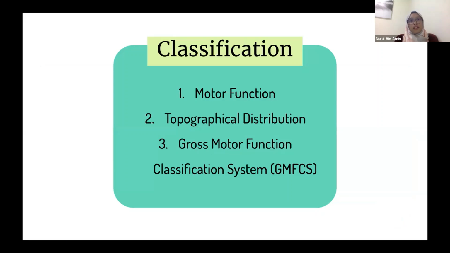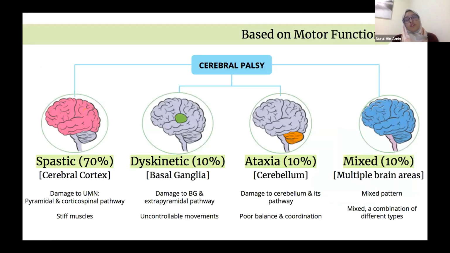Okay, so there are many types of classification of CP: motor function, topographical distribution, and the gross motor function classification system. First, this is one of the most common classifications. First is spastic, where 70% of cases of CP are actually spastic.